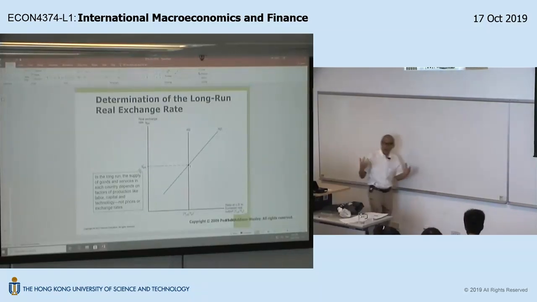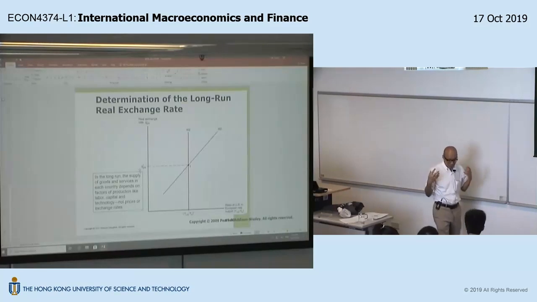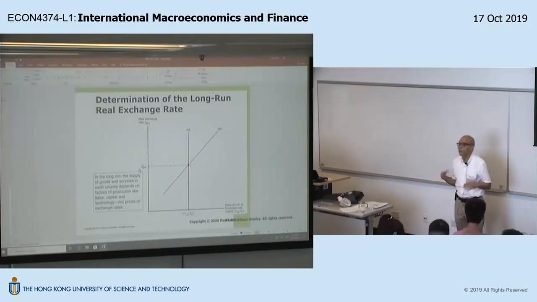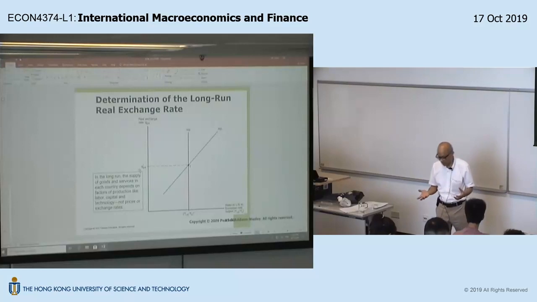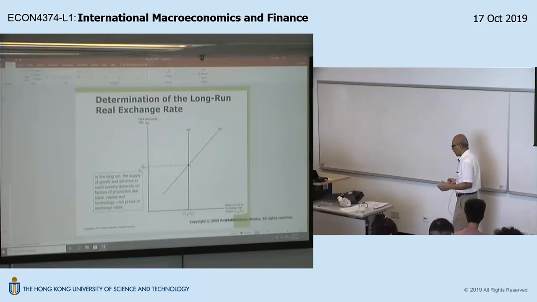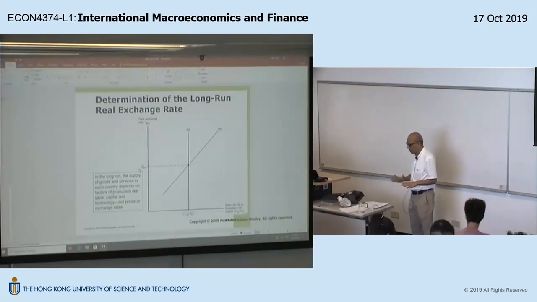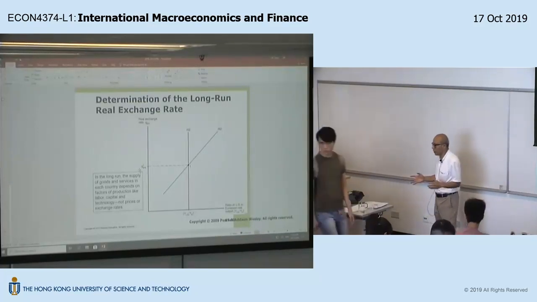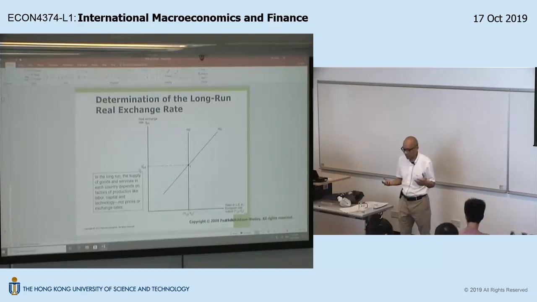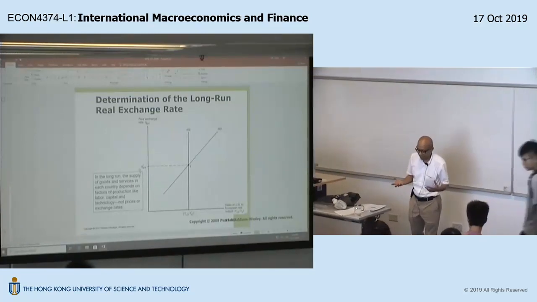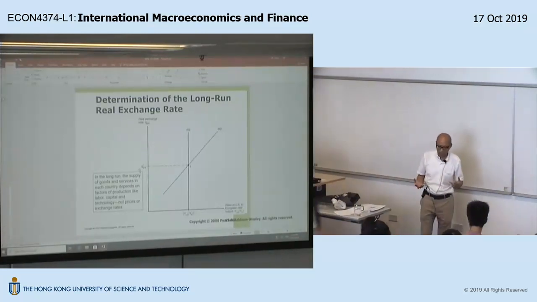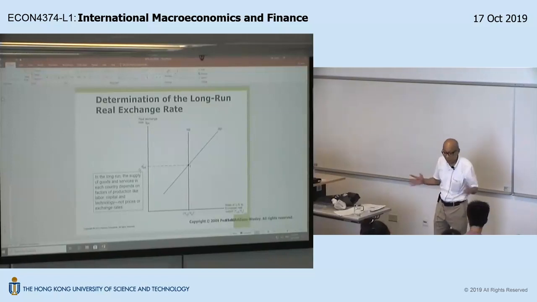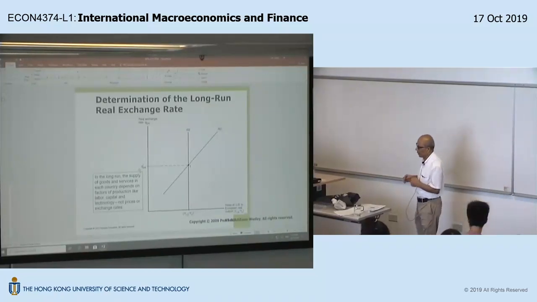So we've come a long way. We have the PPP. You remember we have the absolute PPP and the relative PPP. But we say empirically, both absolute PPP and relative PPP do not hold, even for a very long period of time.